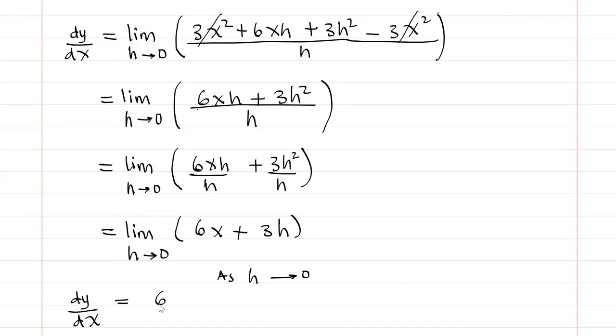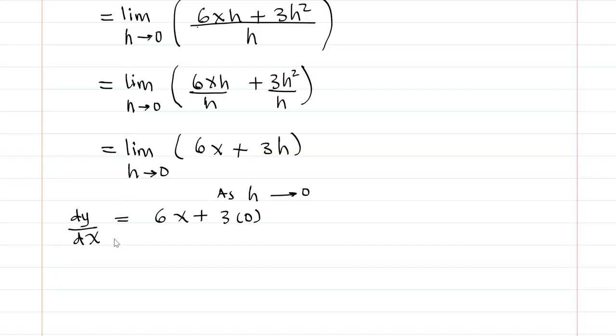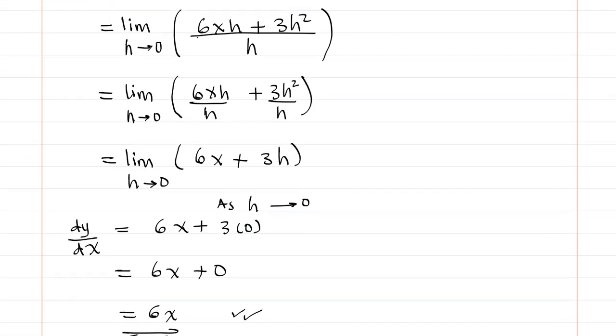Therefore here we shall just have 6x plus 3, but what is h? H approaches 0, so we substitute for it as 0. And then from there we simplify. Therefore we shall have 6x, 3 times 0 is 0, and finally our derivative becomes 6x. So this is the derivative that they wanted, and that is the dy dx.